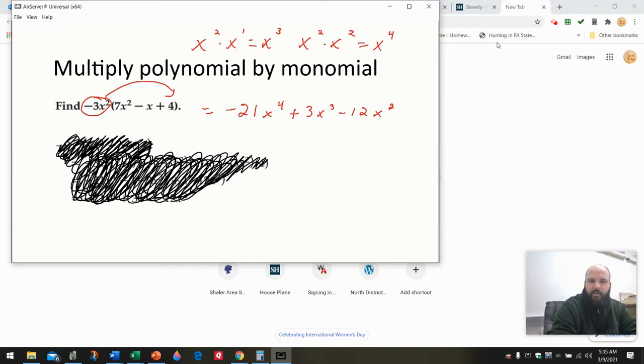So what we have now is a completed distributed monomial, and we end up with negative 21x to the 4th plus 3x to the 3rd minus 12x squared.